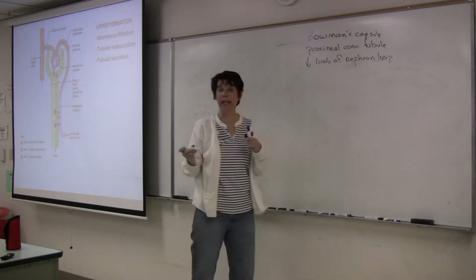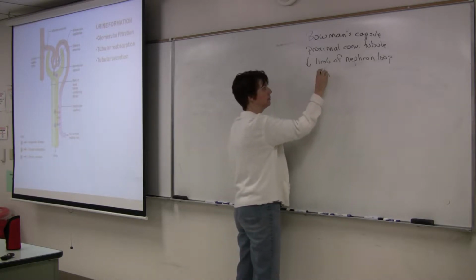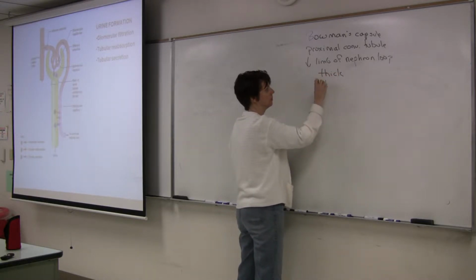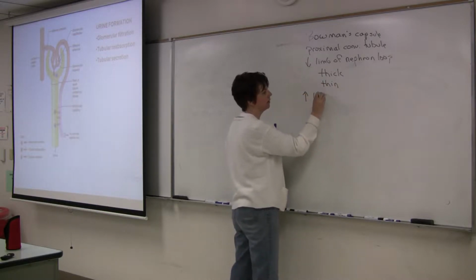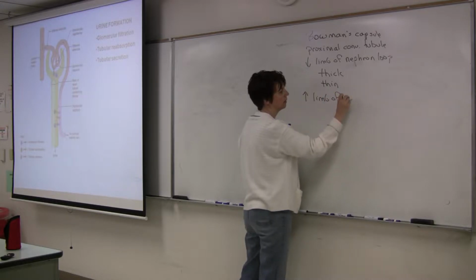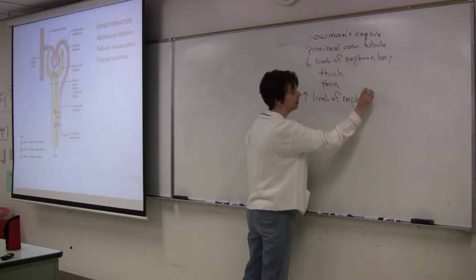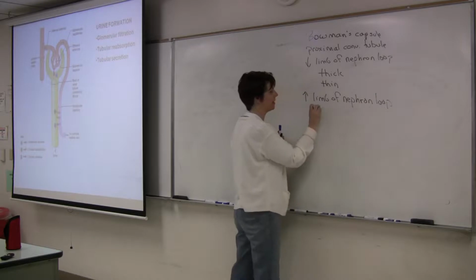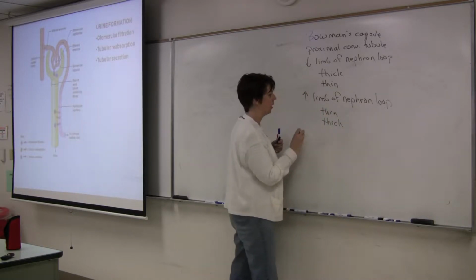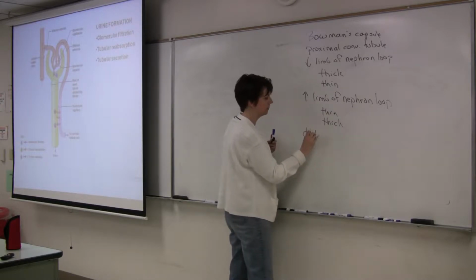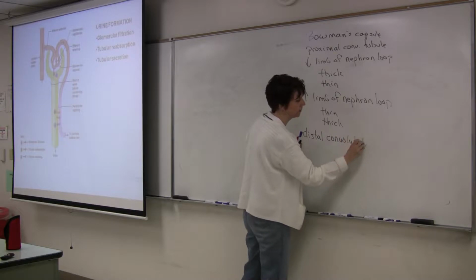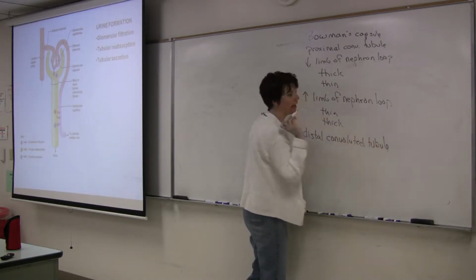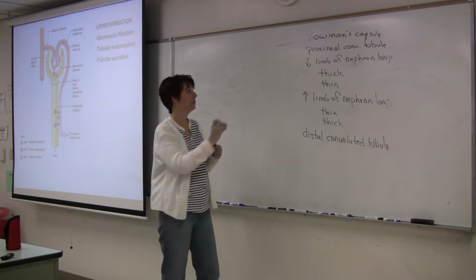And this has both thick and thin segments. And then we have the ascending limb, and then it has thin, which then changes to thick. We have the distal tubule, which soon becomes the convoluted tubule. And that's the nephron, okay?